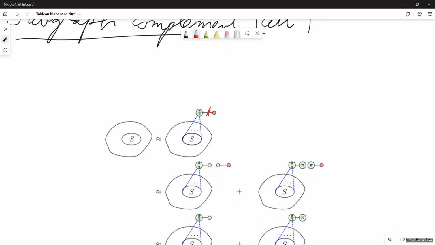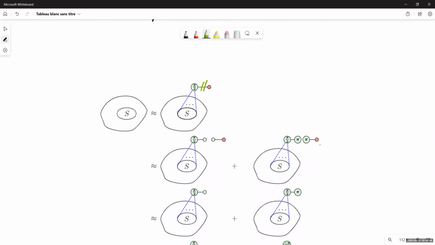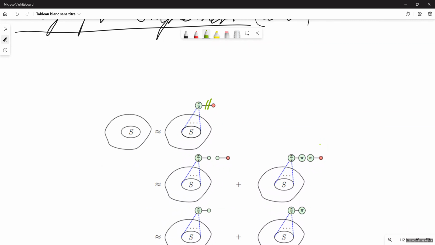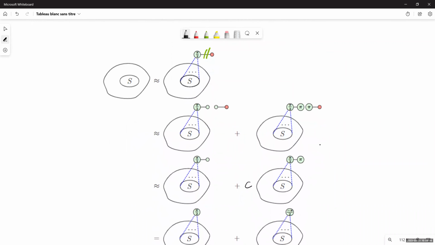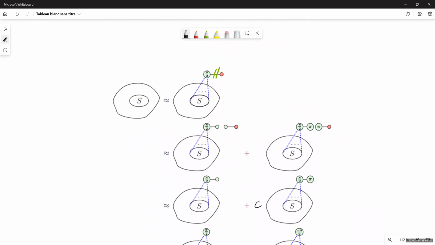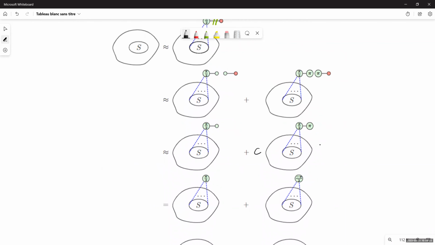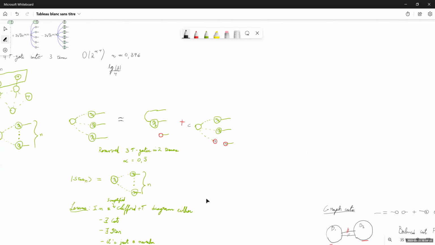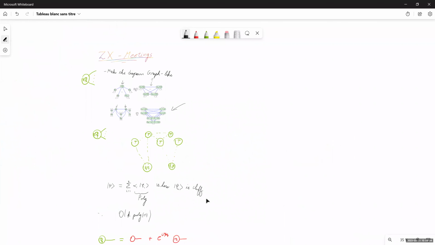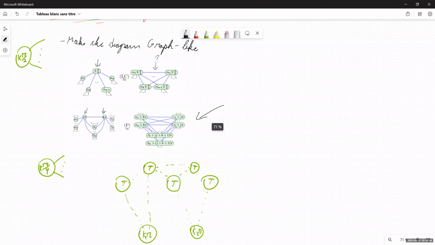I did the green resolution of the identity, so that's exactly what I did here. Up to a constant, I think I'm missing one here, but whatever, you get this, and after spider fusion, you get the sum of those two terms. What's nice about those two terms is it's a pi over 2 connected to a bunch of stuff. And if we recall, pi over 2 connected to a bunch of stuff is exactly the situation where you can apply local complementation.